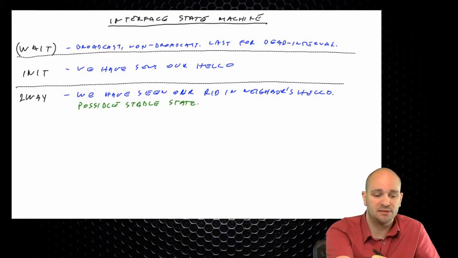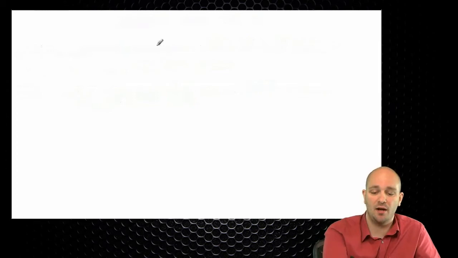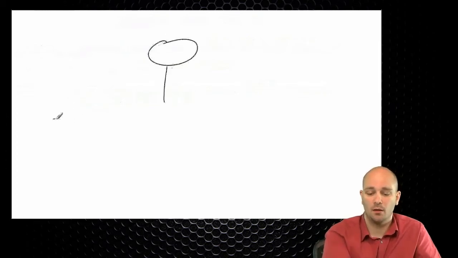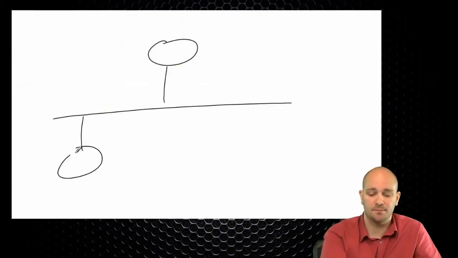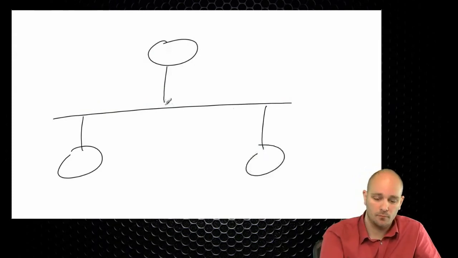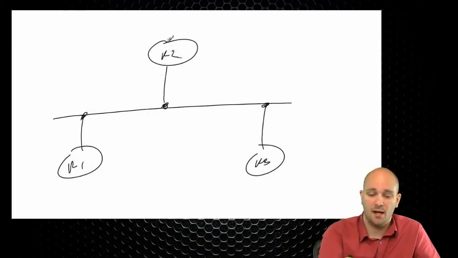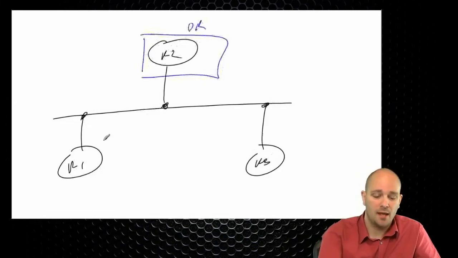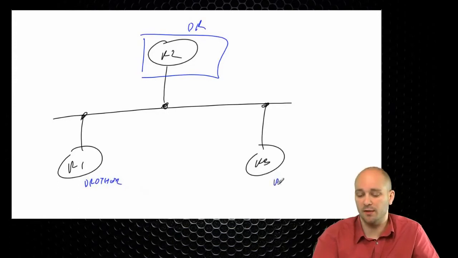What I mean by possible stable state is when you have a network that, say, looks like this. Let's say that this is R1, R2, R3, and that this router here is the designated router, and that this is DR other, so it's not eligible to be the DR, and this is the DR other.